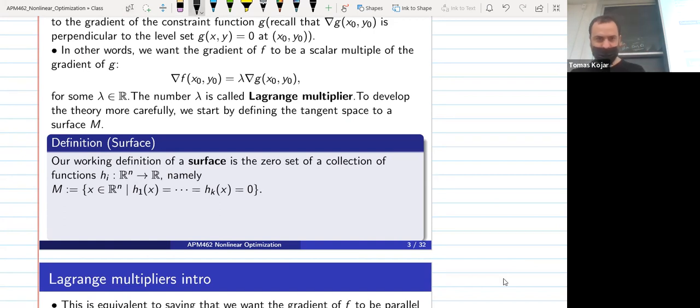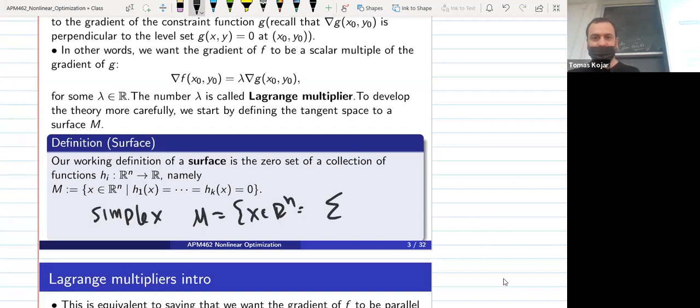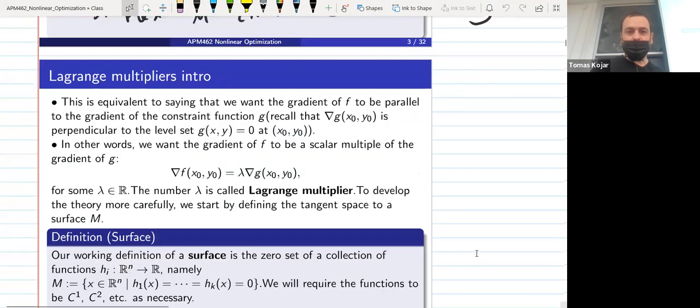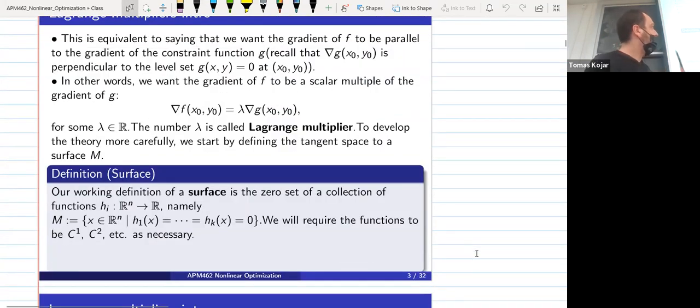So, for example, the simplex is all x in R^n such that the summation of x_i minus 1 is 0. That's a surface, right? We talked about this a lot, and it's on your homework as well. So this is a surface. That's what we mean by surface, if you can write it as a zero level set.